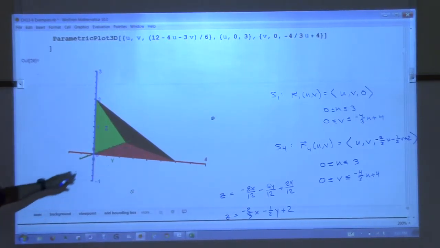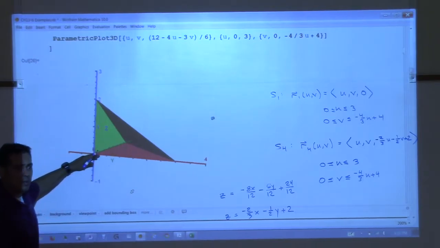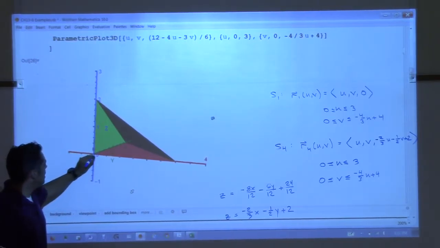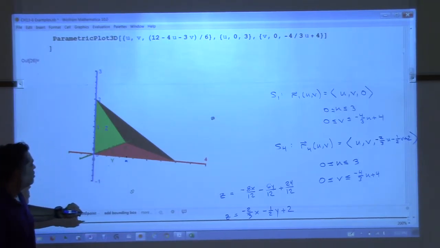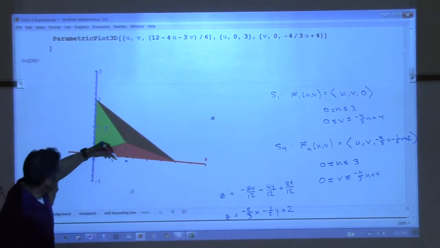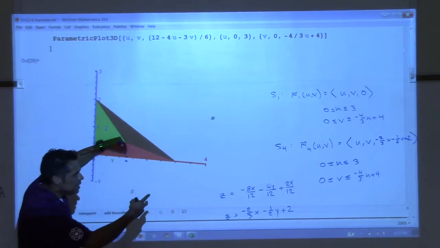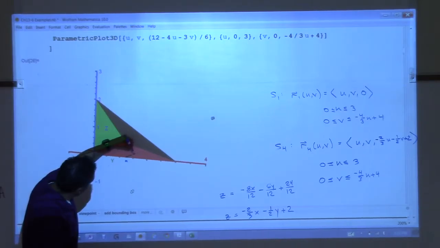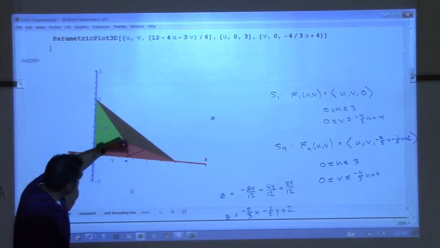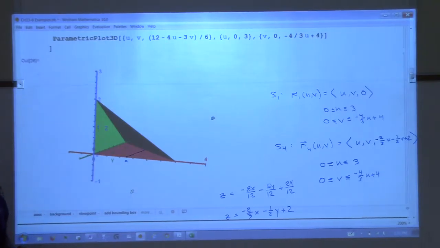Okay, so look, this is our x-axis, this is our y-axis, right? What we're saying is, if you pick a u, that's our x, then you're going to let your v be all the values between 0 and negative 4/3 u plus 4, which means all your y values are going to come from here. And then what are all your z values going to be?